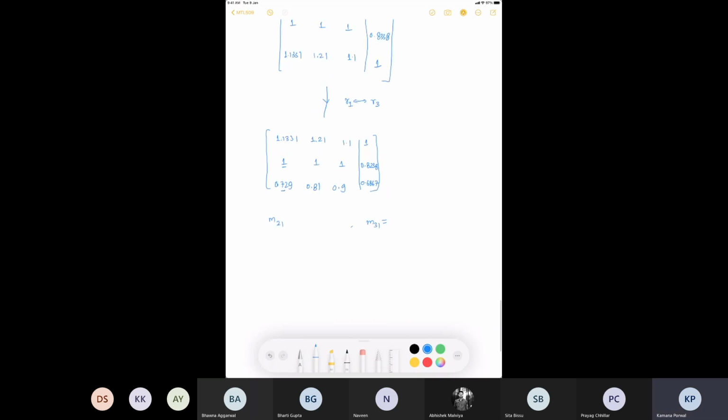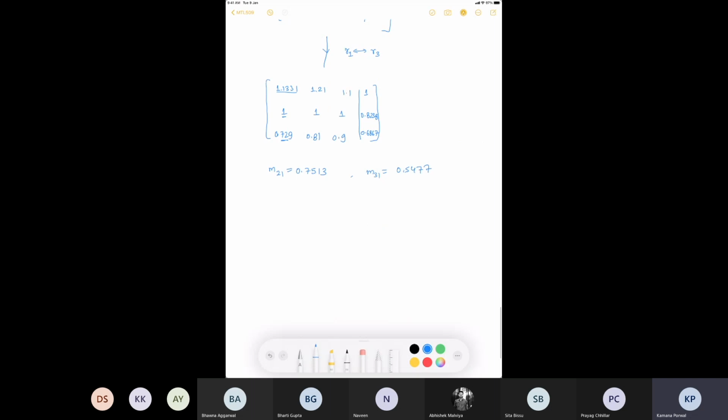M21 is the ratio of 1 divided by this coefficient. I'm directly going to write it: this is 0.7513, and M31 is the ratio of 0.729 and 1.1331, which is 0.5477. You can use a calculator to perform these computations.